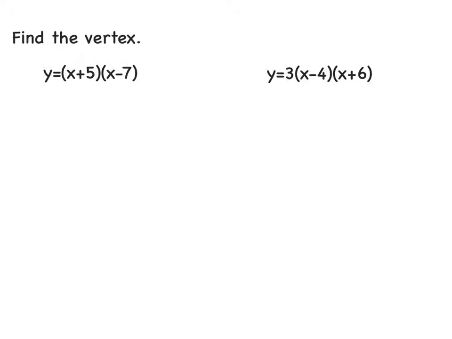if we have x minus the root, again, this is a place where negatives cause an issue. So if it's x plus 5, that root for that one is -5.